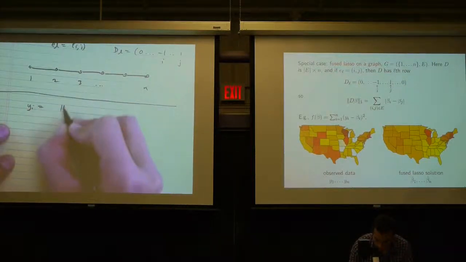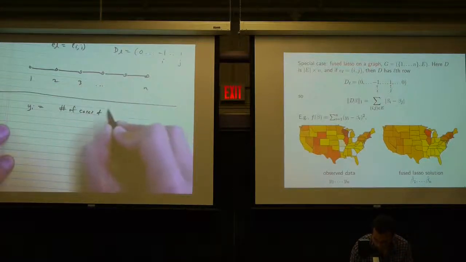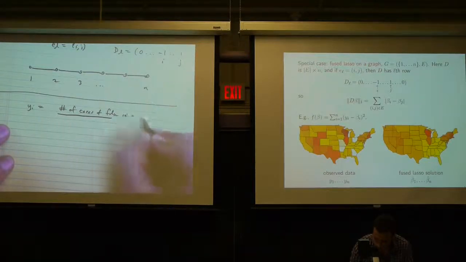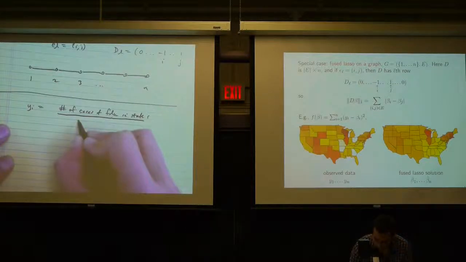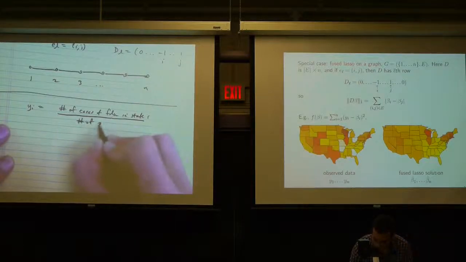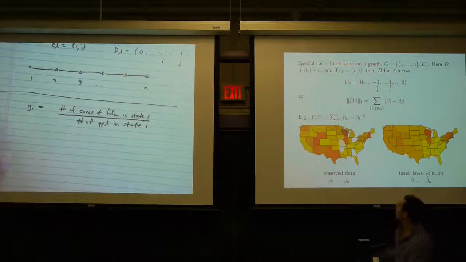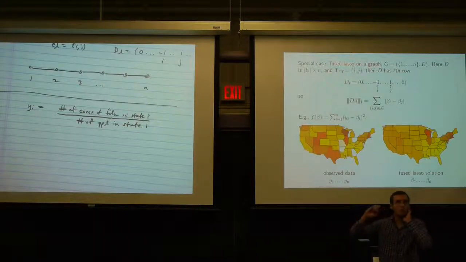It's the number of cases of the H1N1 flu in state i, divided by the number of people in state i. And that's what I'm plotting. Darker is a larger value of y. It's always between 0 and 1, and darker is closer towards 1.